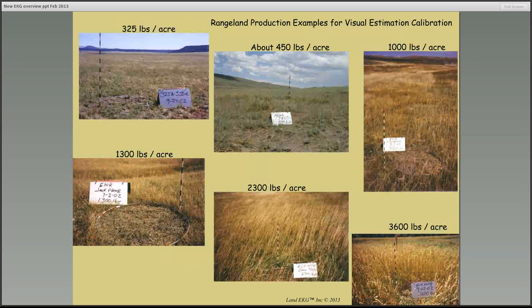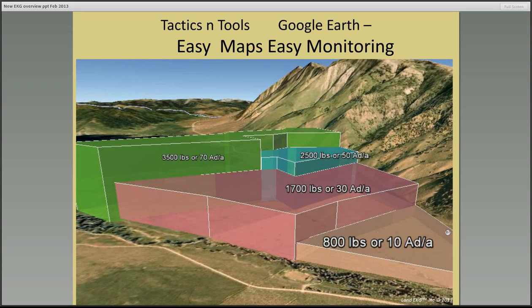And so here are examples: here's 325 pounds of production per acre, this landscape right here is producing about 450 pounds, this is 1,000 pounds of production, and this is 3,600 pounds, and 2,300 pounds, and 1,300 pounds. The point is that you can get actual numbers here that are quite accurate, and we've found them to be extremely valuable, especially when we're trying to calculate stocking rates or developing a forage budget.